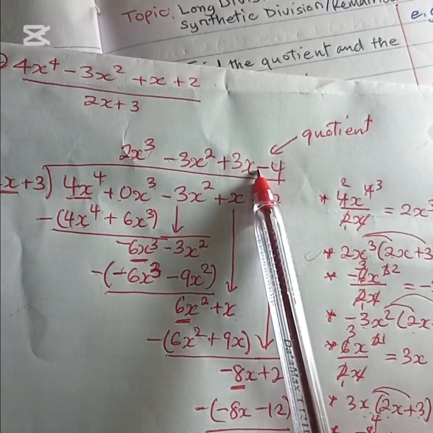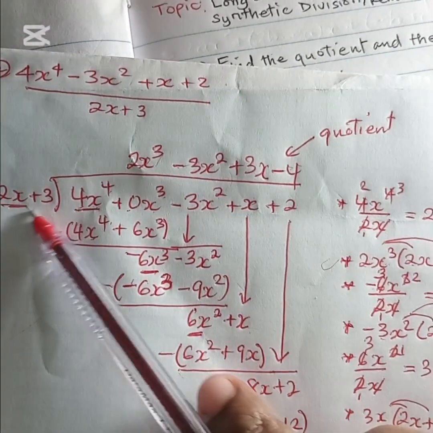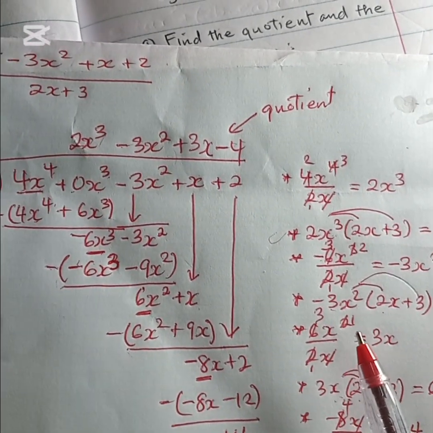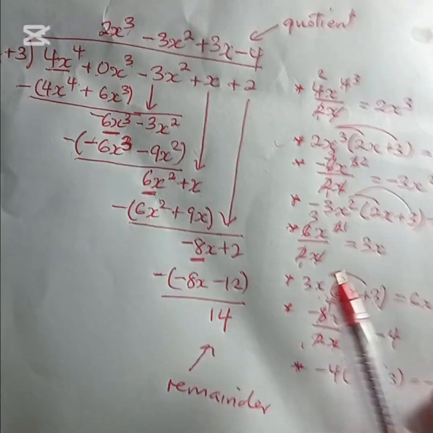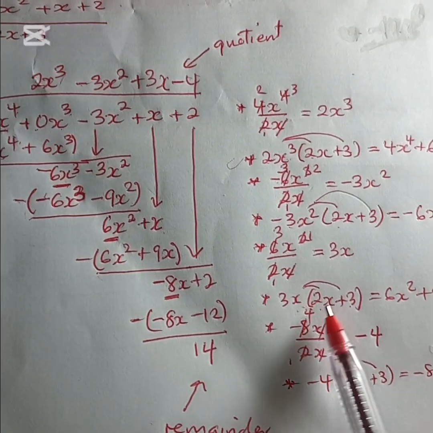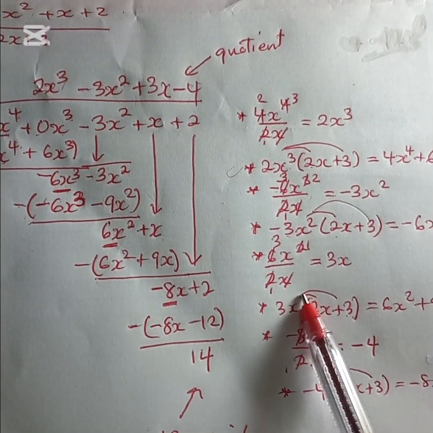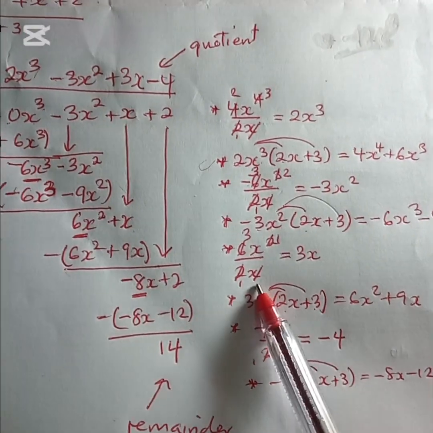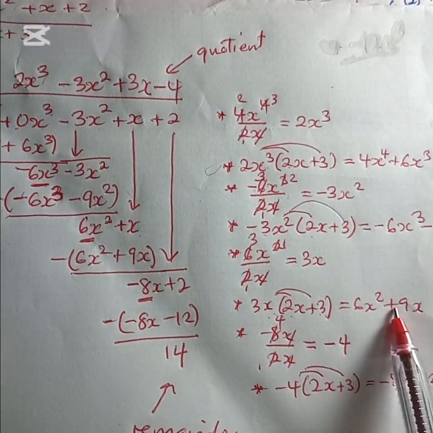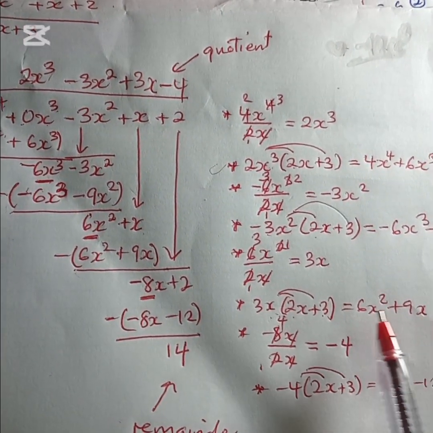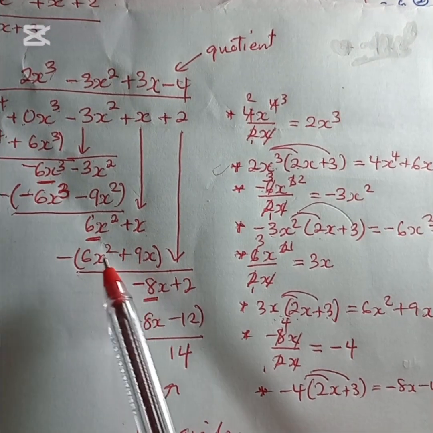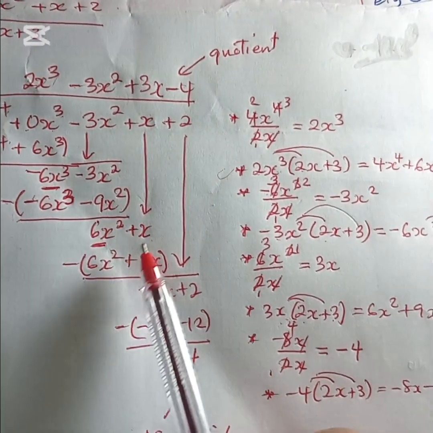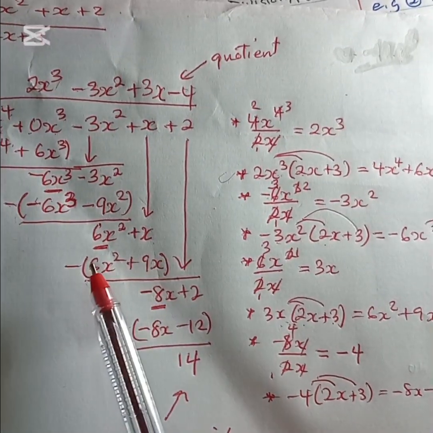So 3x times 2x plus 3. That's 3 times 2 is 6. X times x is x squared. 3x times 3 is positive 9x. So we have 6x squared plus 9x. We write it here under like terms.